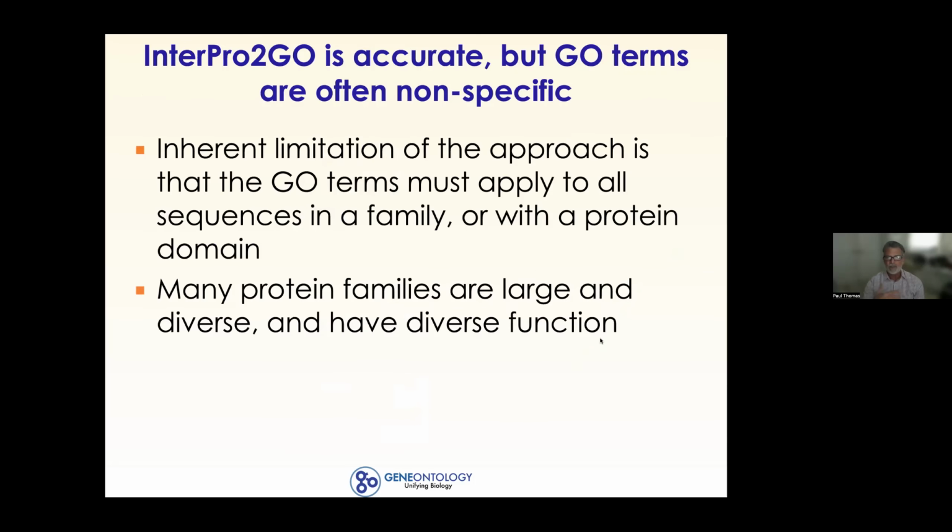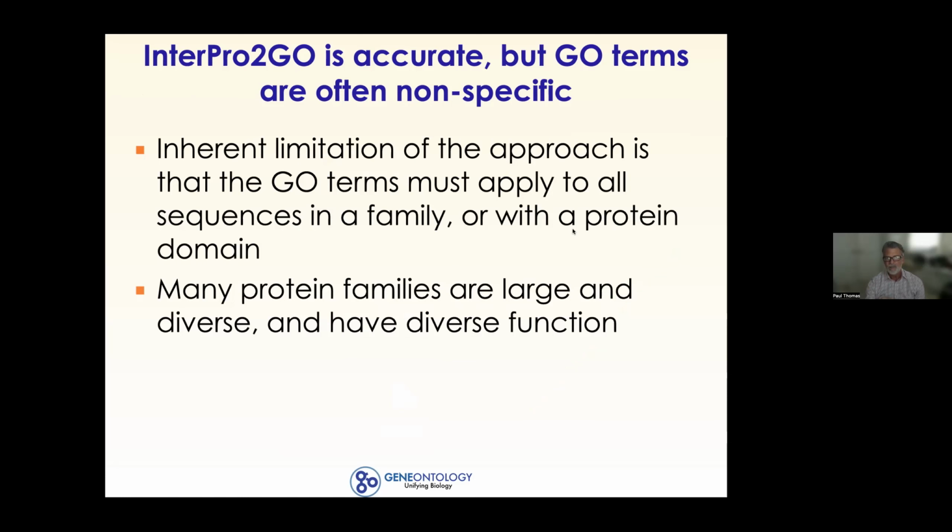So there are some limitations to this approach. It's very accurate. It's been shown to be very accurate, but many of the GO terms are quite non-specific. The inherent limitation of the approach is that, to be accurate, you have to make sure that the GO terms really do apply, to the best of your knowledge, to all of the sequences in a family.